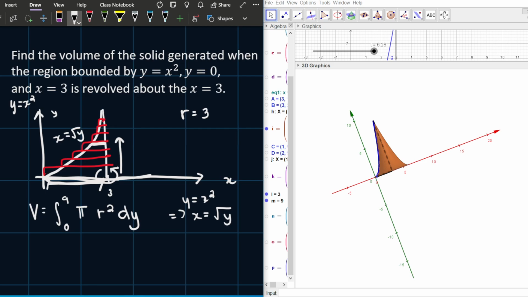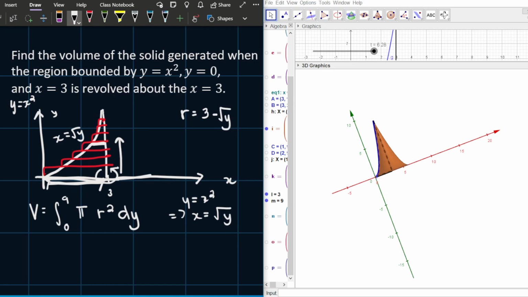And then, as we go along, or as we travel up here, yung radius natin paliit ng paliit. Okay? So, magsisimula tayo sa 3, pero as we move up the curve, this will be 3 minus square root of y.